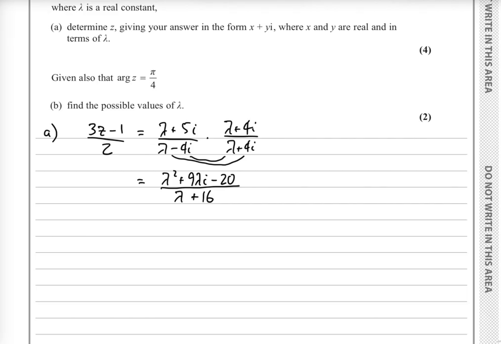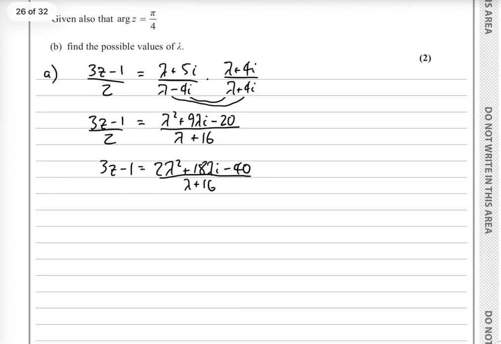On the left, we've got the same as we had. Then we're going to bring the 2 across. 2 lambda squared plus 18 lambda i minus 40, over lambda squared plus 16. And then when we add the 1, of course, we're going to have to change that into a fraction in order to actually add them together.